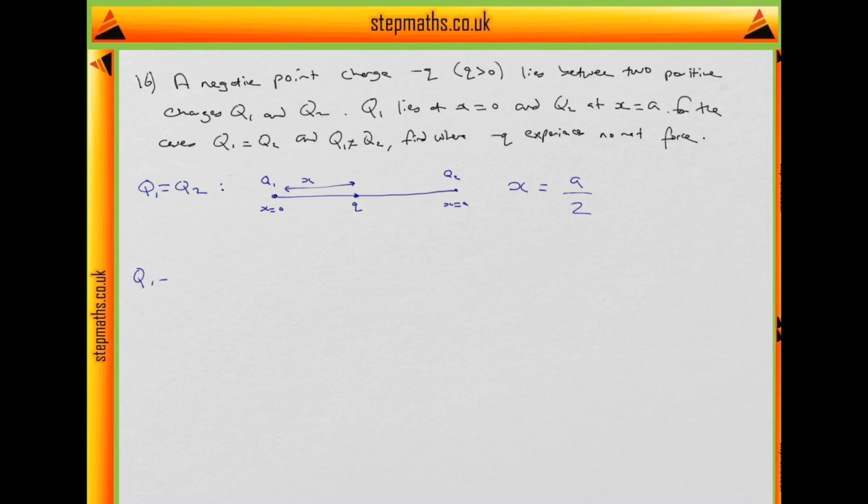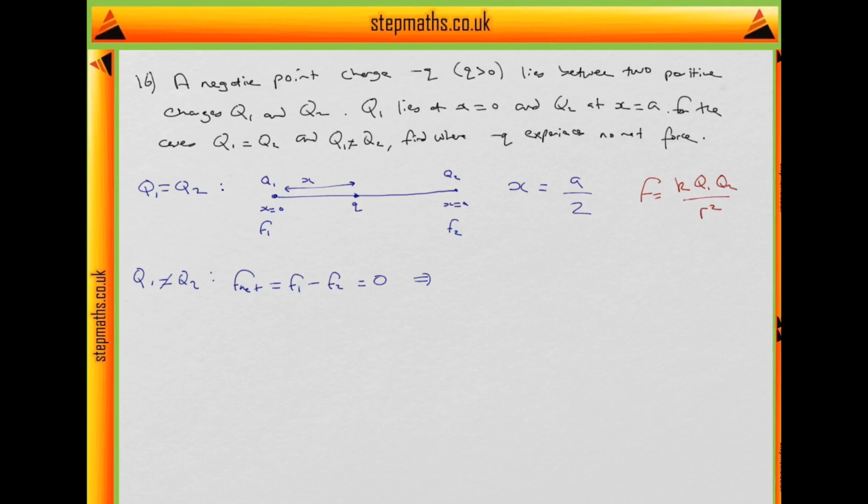What about when Q1 doesn't equal Q2? We're going to use the same diagram as above. Now we want no net force, so we want the force from Q1, F1, to be equal to the force from Q2, F2. So we require F net, the difference between the two forces, to be equal to 0, i.e. the forces from the two charges are equal. And what is the force from two charges? The electric force F is equal to k times Q1 Q2 over r squared, where Q1 and Q2 are just two charges.